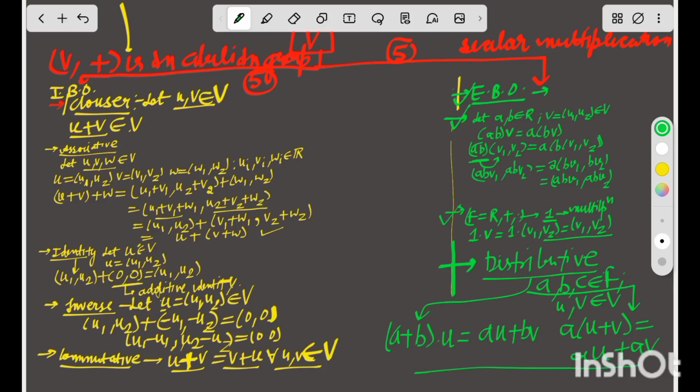You have to check by yourself that both these properties are also satisfied. This implies that this vector space V satisfies all 10 properties. Therefore, V is a vector space over the field F, and we represent it as V over F is a vector space.